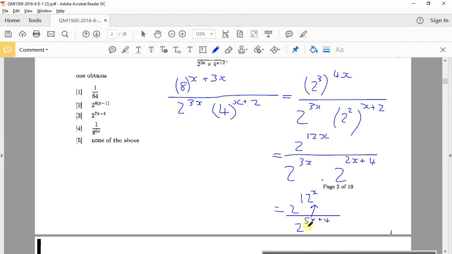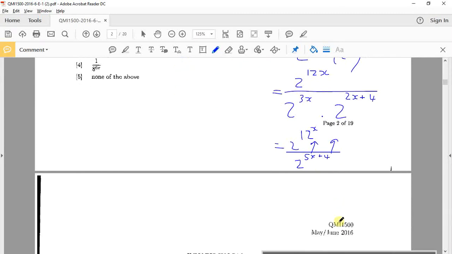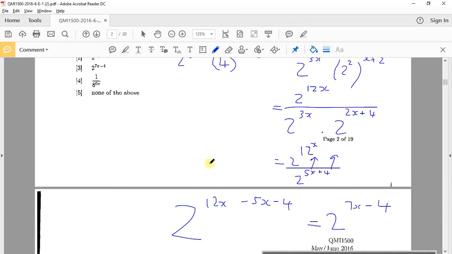Because that's in the denominator, I can bring it to the top. And I can take this to the top as well. So basically this will be 2 to the 12x minus 5x minus 4, which is 2 to the 7x minus 4, which is option 3. Okay, option 3.